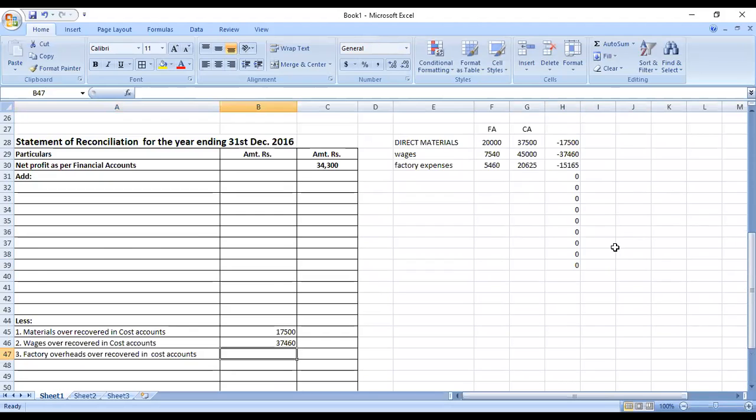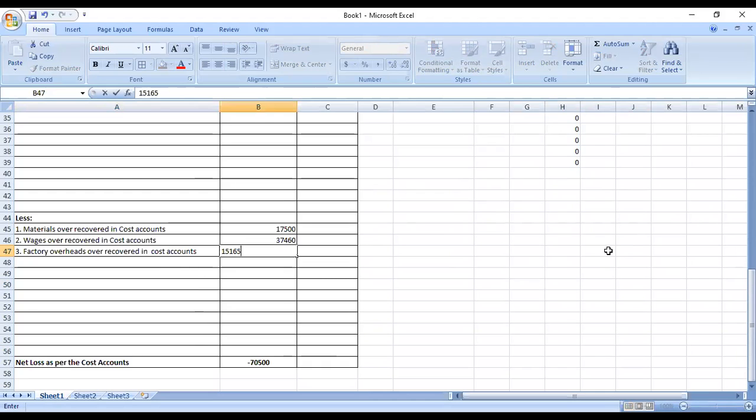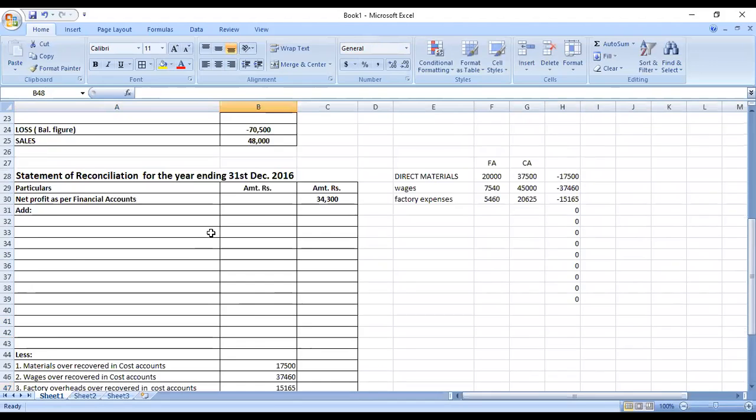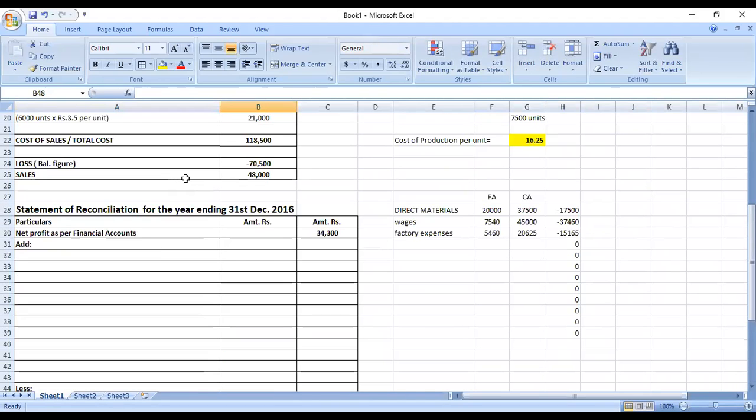How much? 15,165. Then what is the next one after factory overhead?